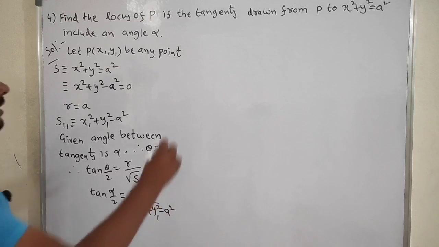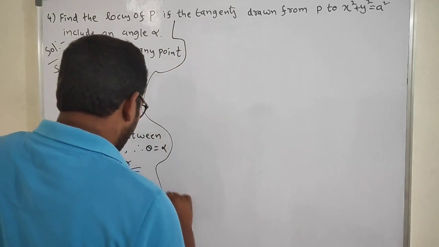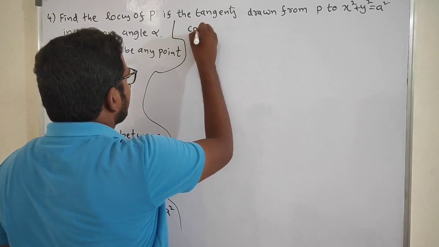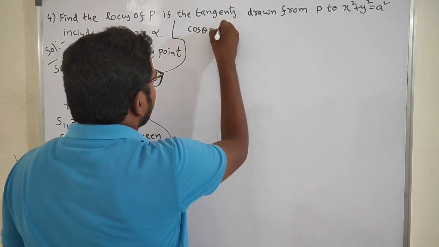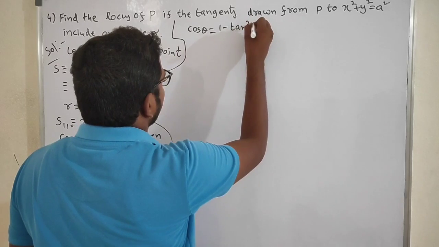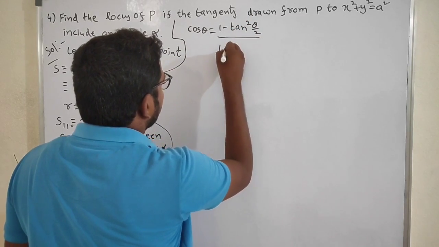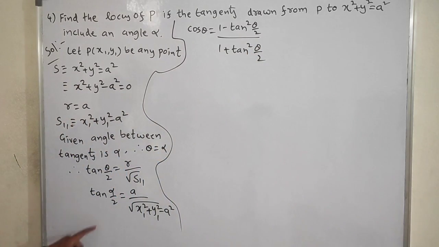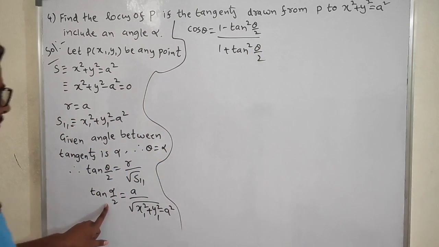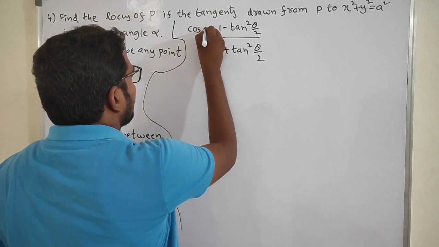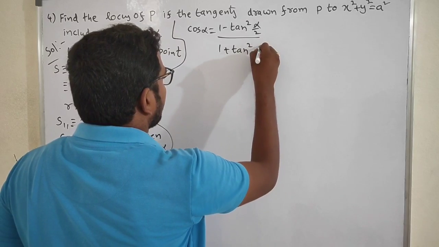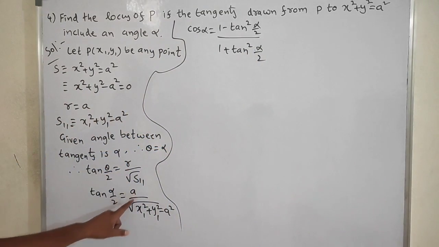Okay na? Manaki cos alpha, we need alpha value. So apply cos theta formula. Cos theta is equals to 1 minus tan square theta by 2 by 1 plus tan square theta by 2. Now substitute tan alpha by 2 value. Cos alpha is equals to, theta ante alpha kada, right. What is tan alpha by 2 value? a by root over x1 square plus y1 square minus a square.